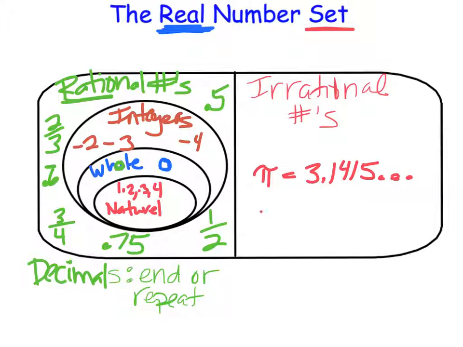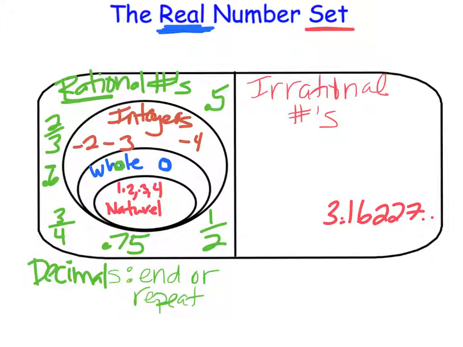If you took the square root of 10 on your calculator, you're going to get a decimal that does not end or repeat. That number is 3.162277, and it keeps going on forever too. A lot of square roots will turn out to be irrational numbers, except for the square roots that end up in whole numbers.